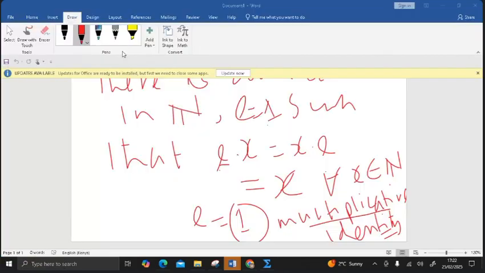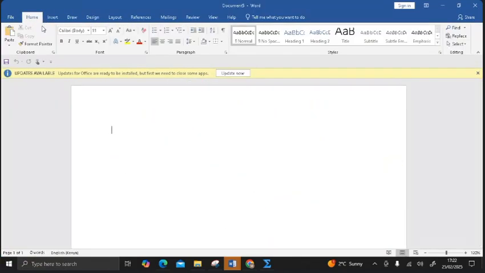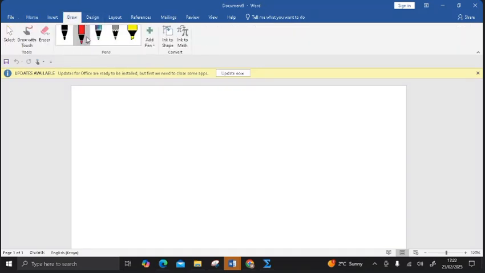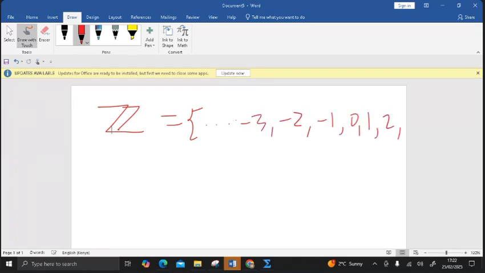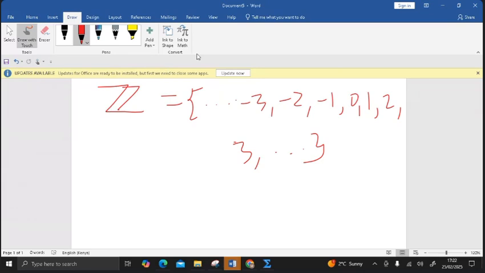Now look at another one. Let me give you another one, because this will be very important. How about the set of integers? In the set of integers, to the left, we have, of course, -3, -2, -1, 0, 1, 2, 3, and that continues.